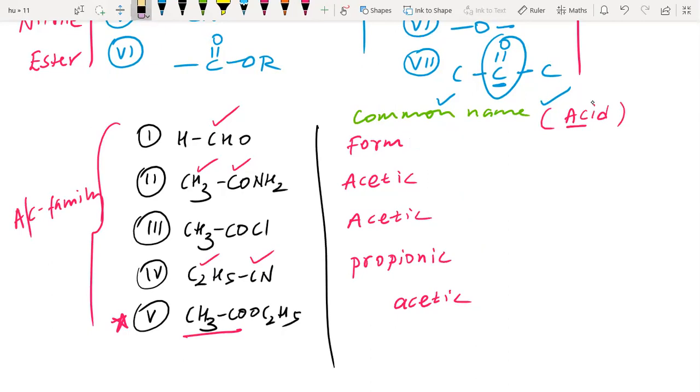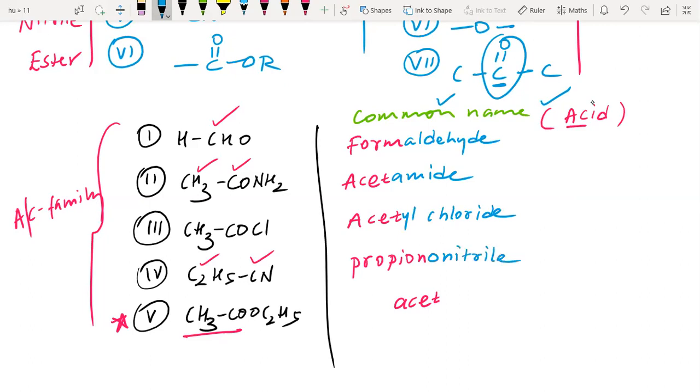Now we'll see how to write the common name. You have to replace the IC, and in that place you write the suffix. For aldehyde you write aldehyde, so it becomes formaldehyde. In amide we put amide, acetamide. For acyl chloride we write yl chloride, acetyl chloride. In case of cyanide or nitrile we put onitrile, so propionitrile.